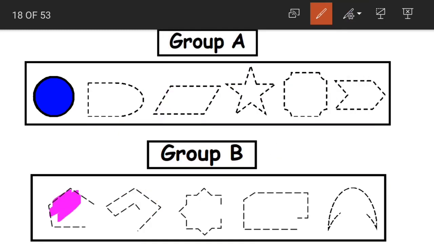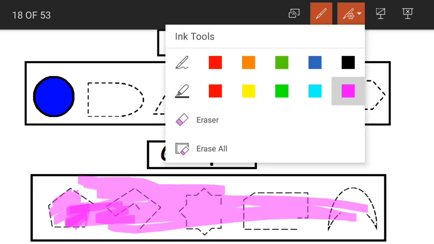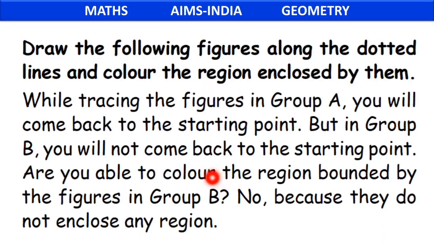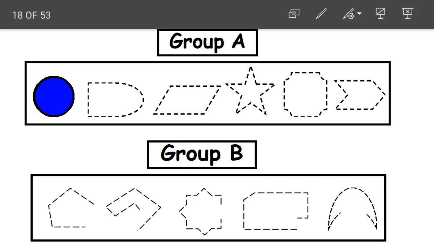See children, if I start coloring, how will I know where to stop? Should I stop here or should I go till here or should I color everything beside it? How will I know? We cannot know. So we cannot color the figures in group B because they do not enclose any region. They are not enclosing, that means they are not closed.